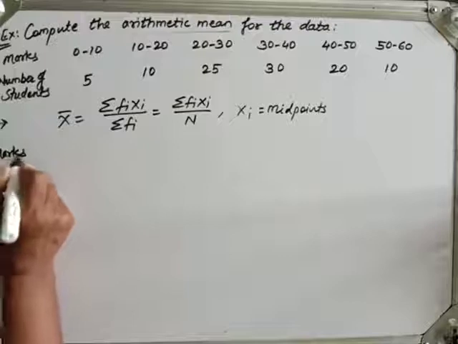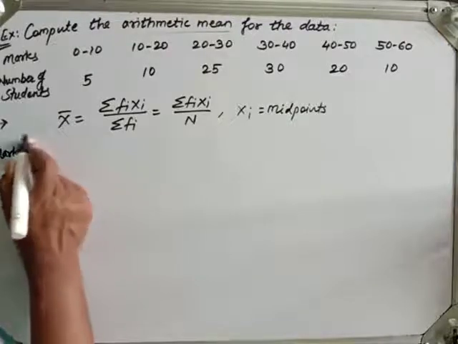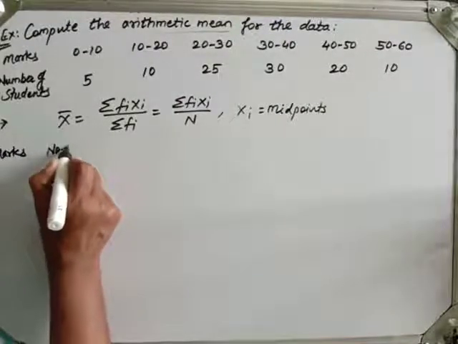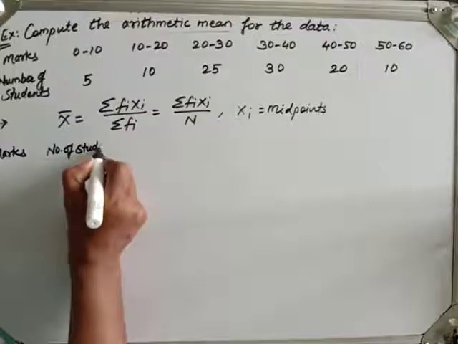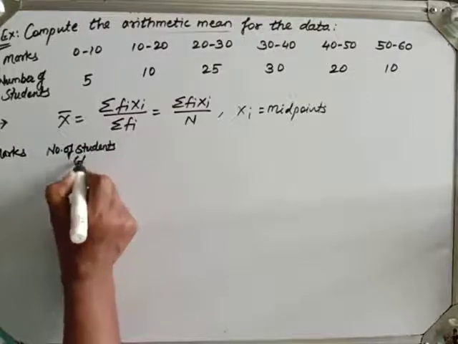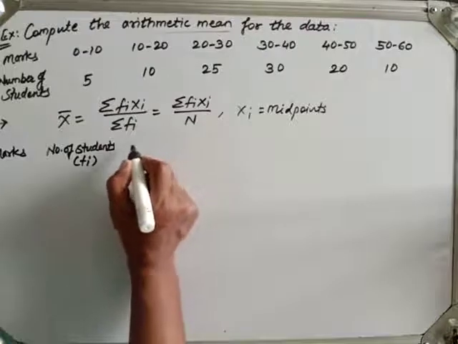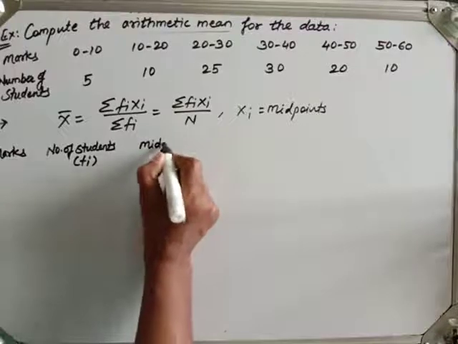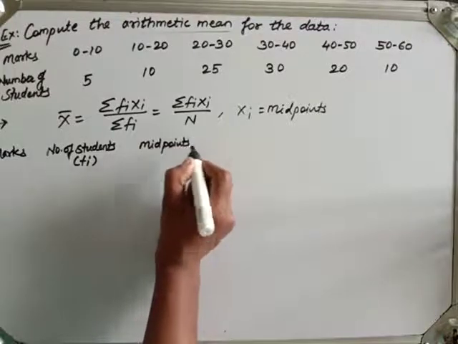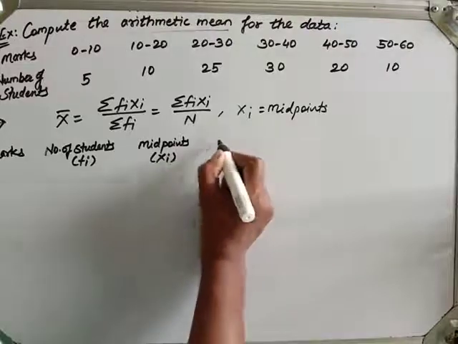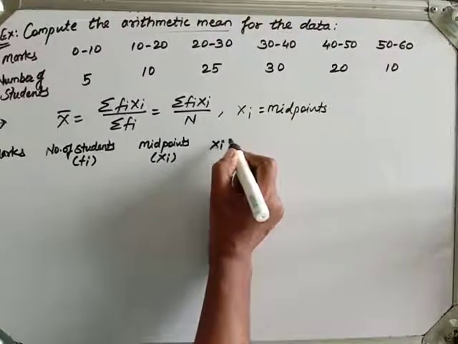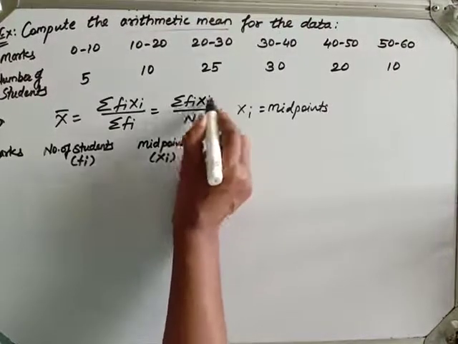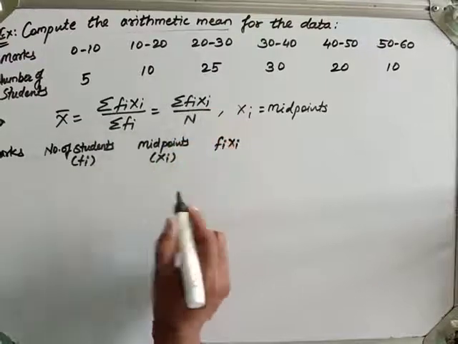Marks, that is nothing but the class intervals. Number of students is our fi. Now let me determine midpoints, that is xi, and we need to obtain fi into xi, the sum of this product is at the numerator.